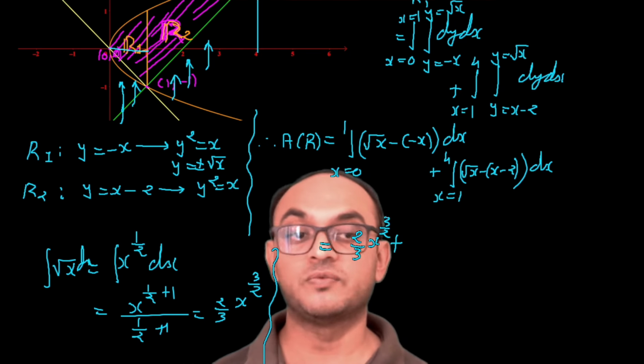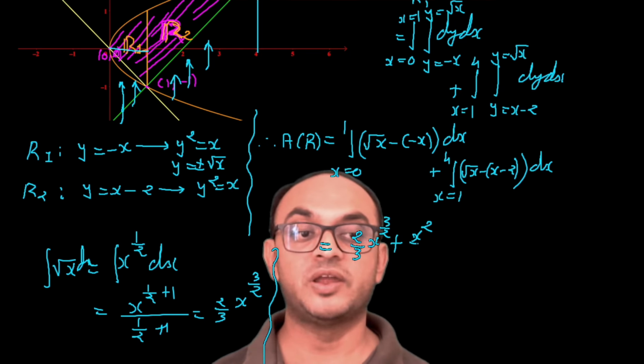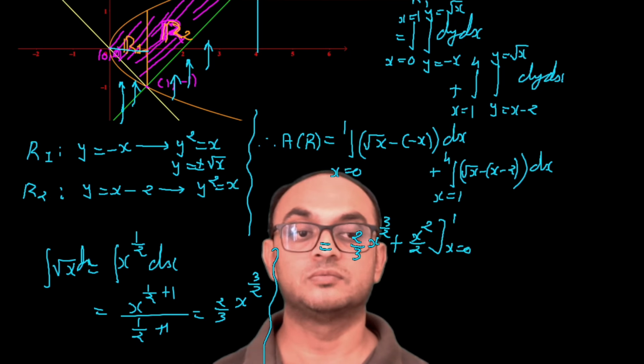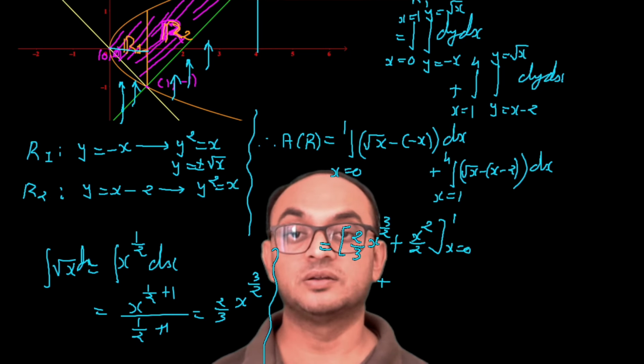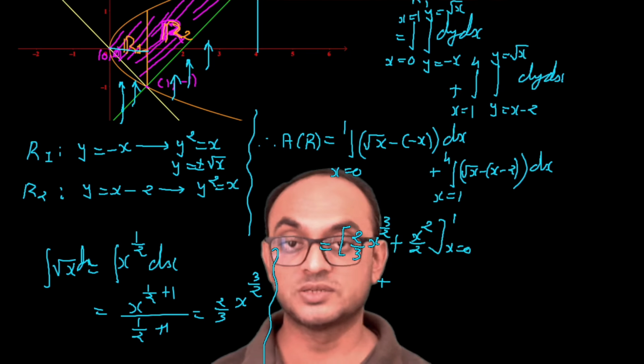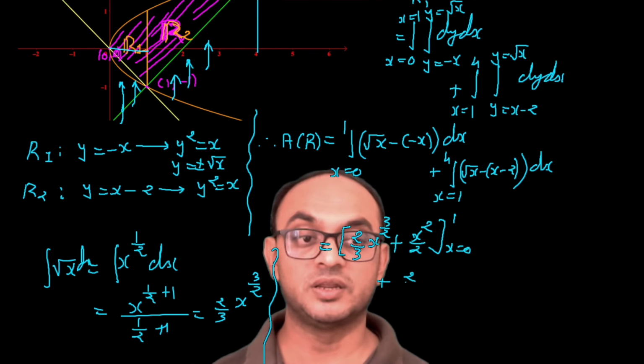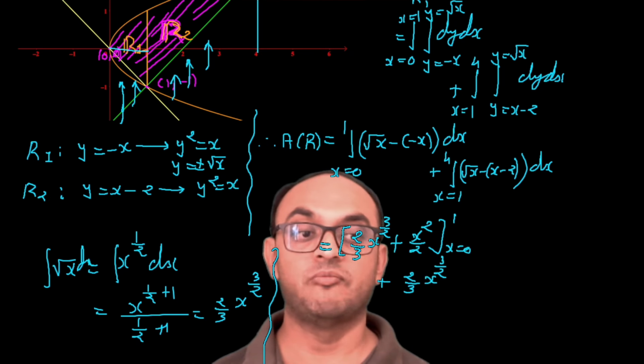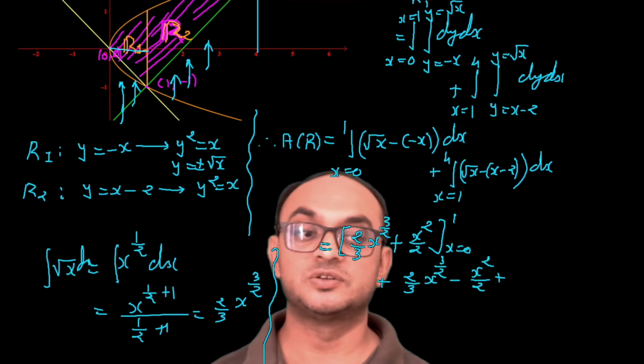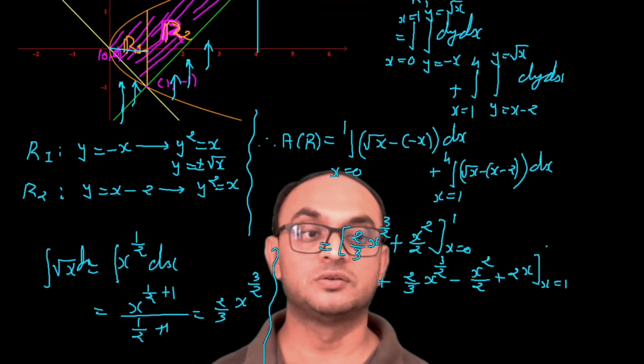Now what is the integration of x? x square divided by 2, from x equal to 0 to 1, plus the same thing, the integration of root x, which is 2 by 3 x raised to 3 by 2, minus x square divided by 2, which is the integration of x, minus minus plus, 2 has integration 2x, from x equal to 1 to 4.